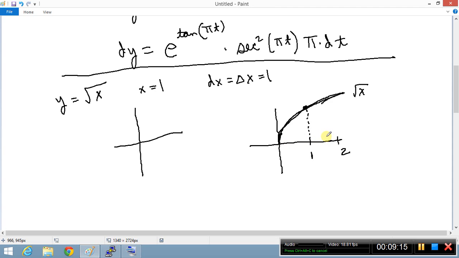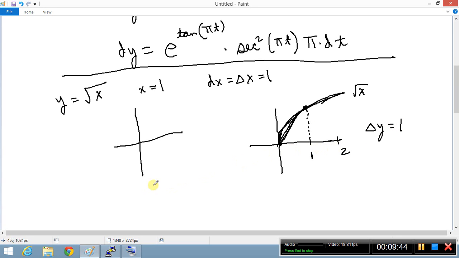So you could do it either way. You should get credit either way. But let's go this way for 0. So if you take delta x to be 1 this way, then the delta y is the change in y. So delta y would be the difference in the y values, and that's just 1 minus 0, which is 1.